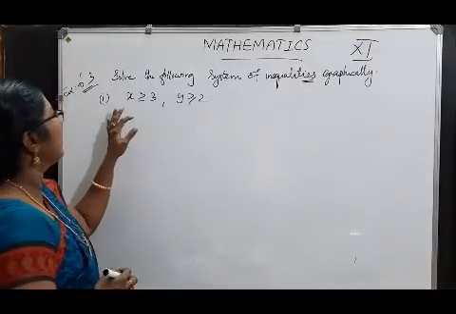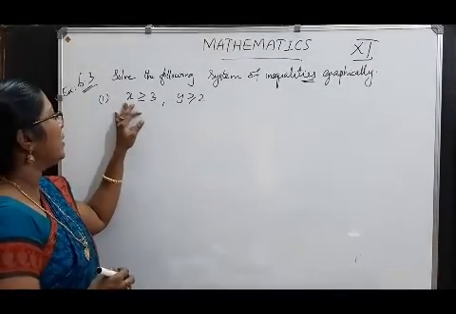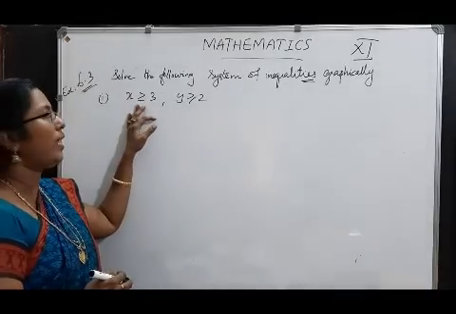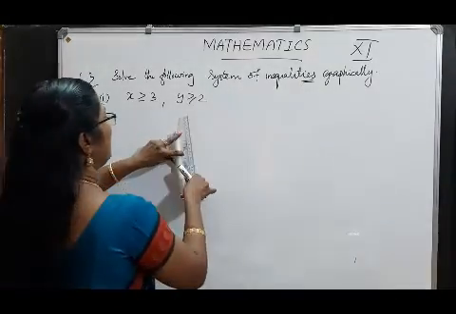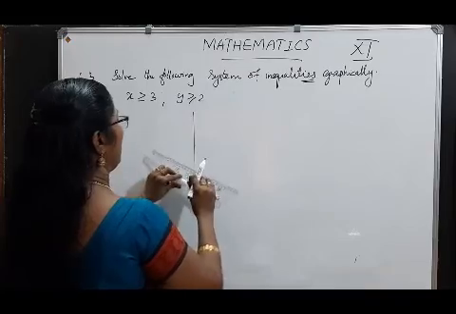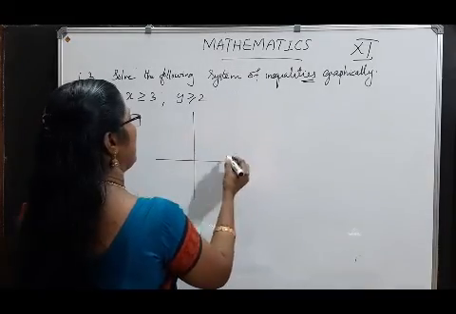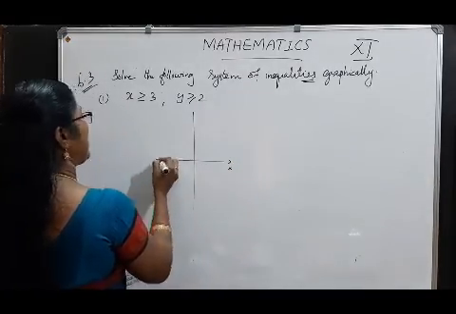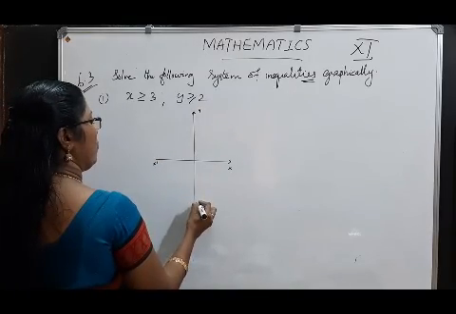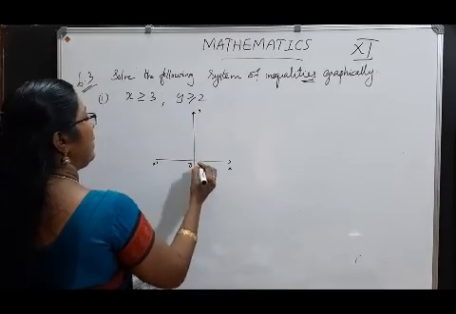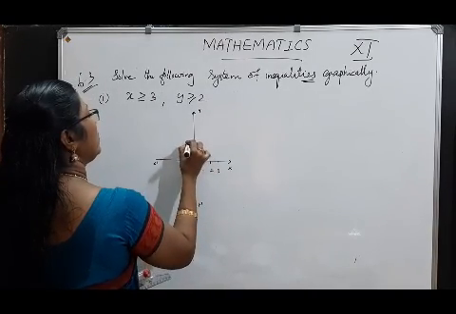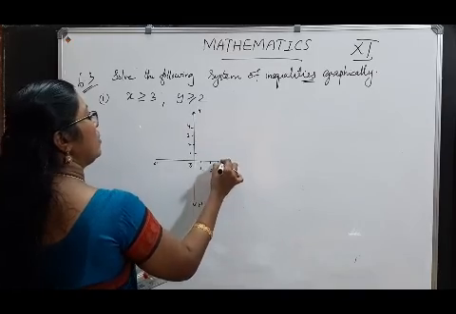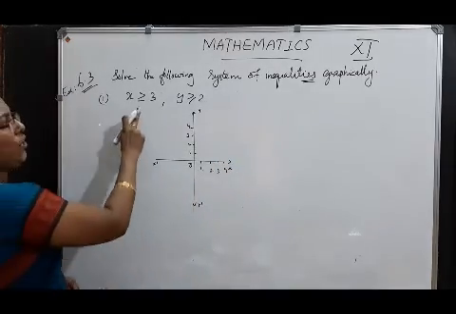First question: x greater than or equal to 3, y greater than or equal to 2. First of all, draw the axes: X, X dash, Y, Y dash, origin, with 1, 2, 3, 4 marked.